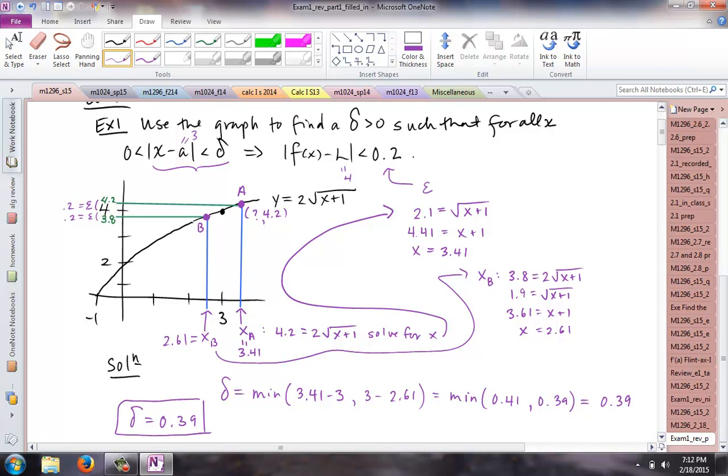And maybe it wouldn't be exactly this problem if I gave one like this, but maybe instead of labeling the graph, f of x, maybe the f of x in here would be where you actually see the function listed, like inserting 2 times the square root of x plus 1 in there. And so it could be changed up a little bit, and that's where that precise definition being given is useful, because then you can map stuff up and say, oh, well, that's what the f of x is.